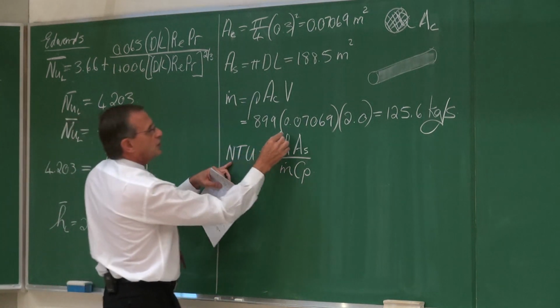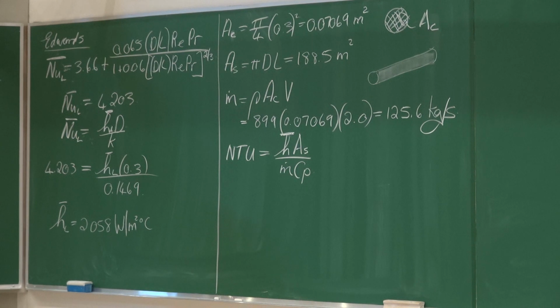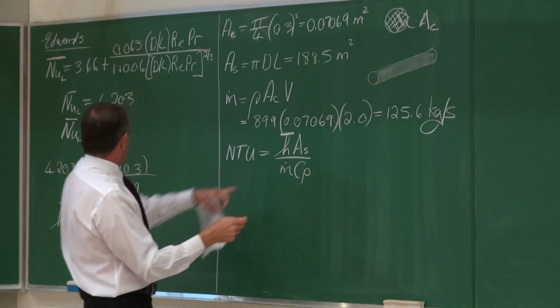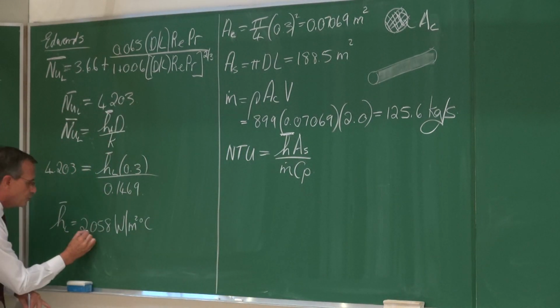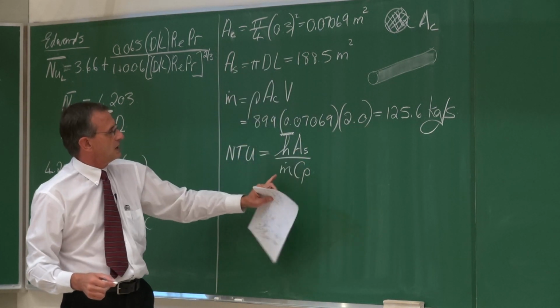And this heat transfer coefficient is obviously the average heat transfer coefficient. I hope you remember it was part of the derivation where we said we are making that assumption.